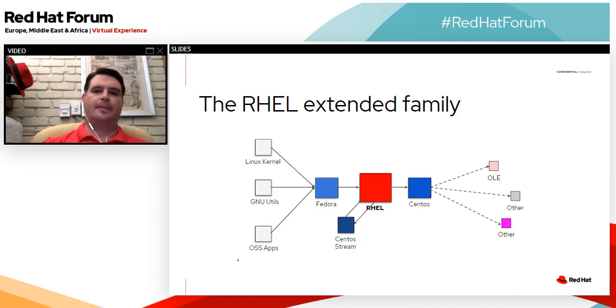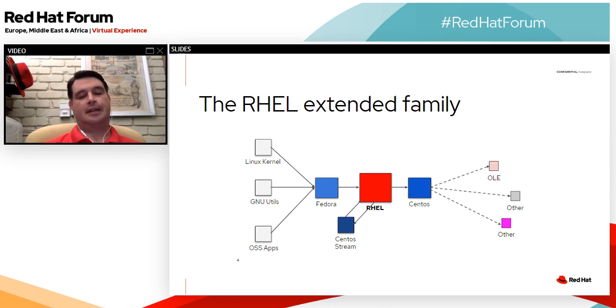So, many of you are probably aware of this, but Red Hat is completely open source. Our entire development model is open source software. And this leads on to how we build the Red Hat Enterprise Linux family.